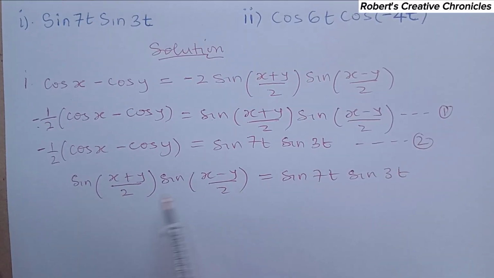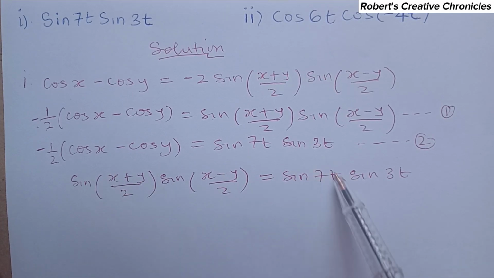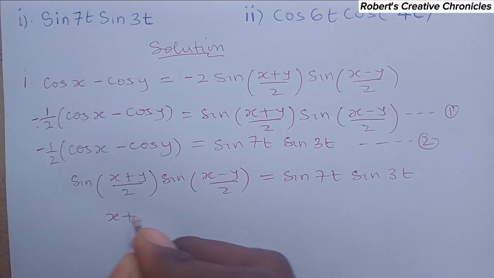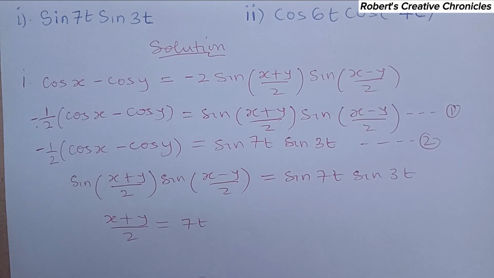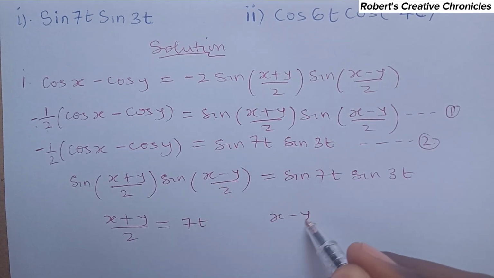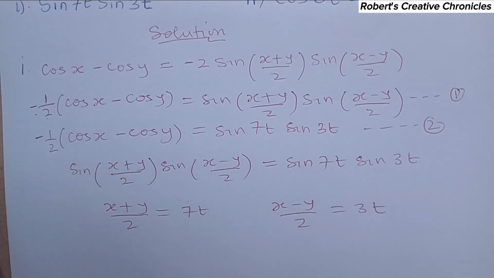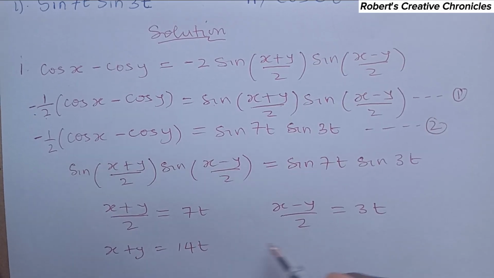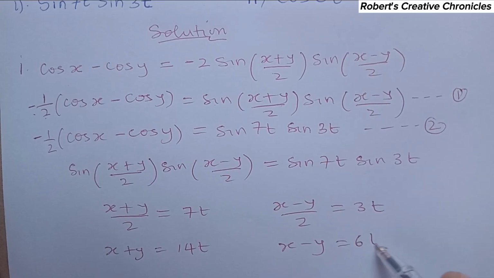Now from this expression, you can infer that this is equal to this and this is equal to this. So (x plus y)/2 will be equal to 7t and (x minus y)/2 is equal to 3t. So now this becomes x plus y equals 14t. This becomes x minus y equals 6t.